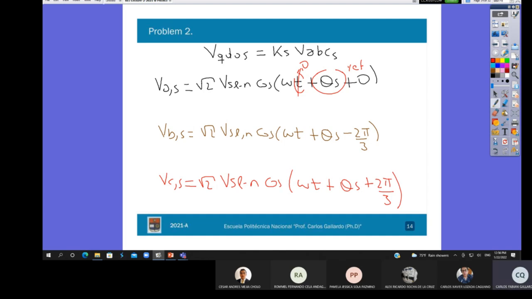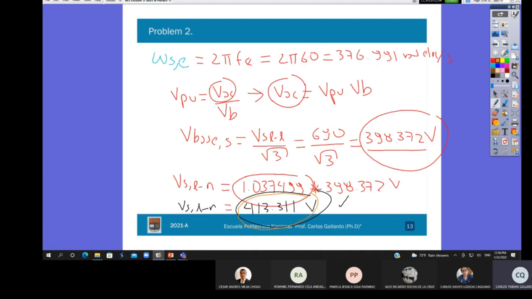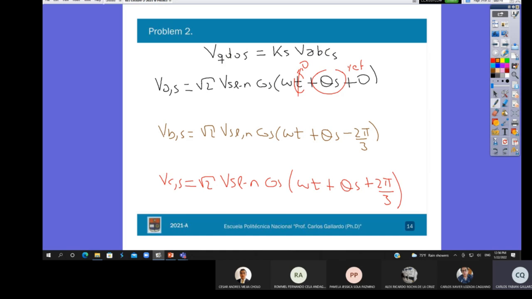Okay. So substituting the values, this value is 413.311. I will substitute 413.311. This is 0 because I am analyzing the steady state condition.